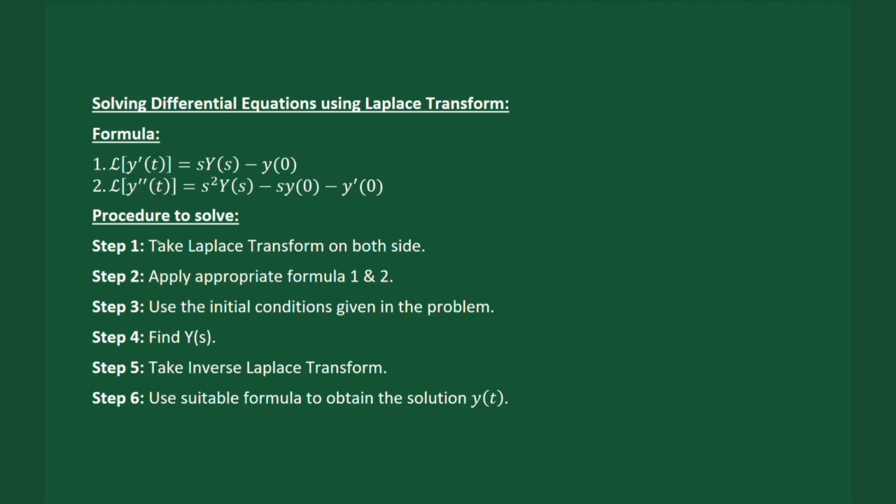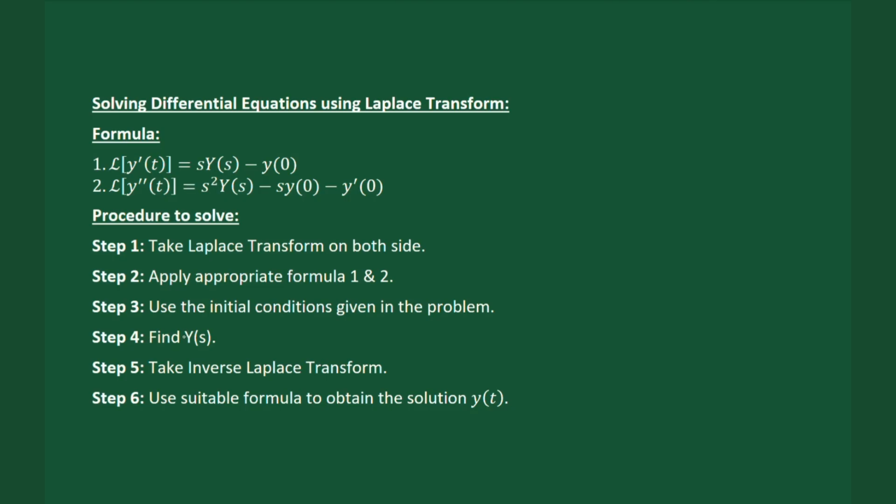So here let us see what is the procedure to solve the differential equation using Laplace transform. Step 1 is first we have to take Laplace transform on both the sides of the given differential equation. Step 2 is apply the appropriate formula, formula number 1 and formula number 2. Next is step 3. We have to use the initial conditions given in the problem.